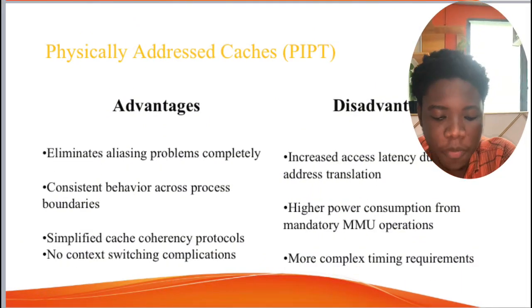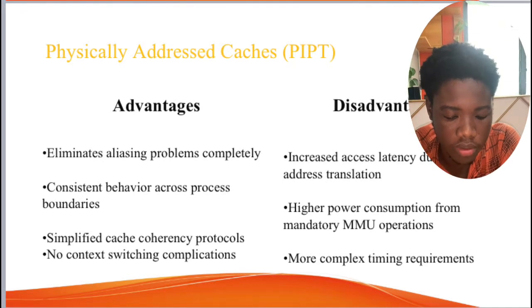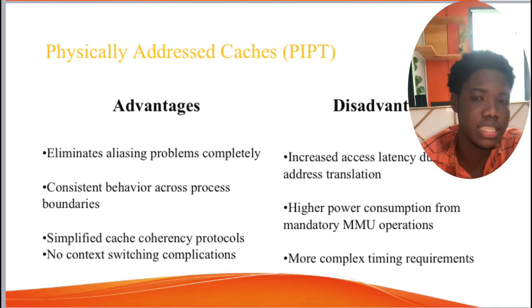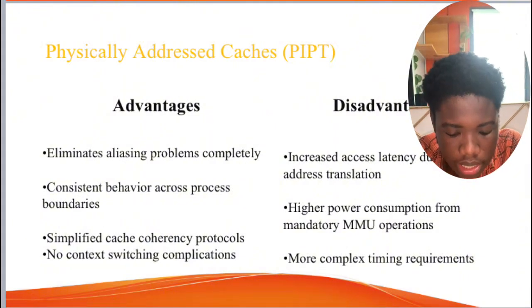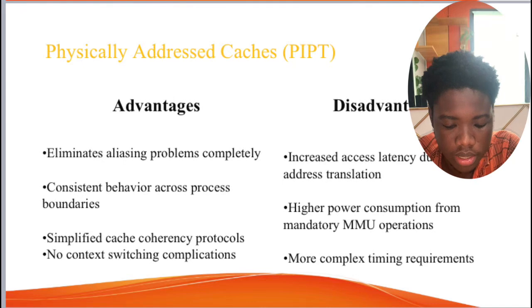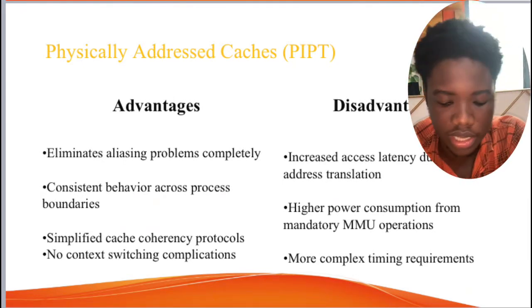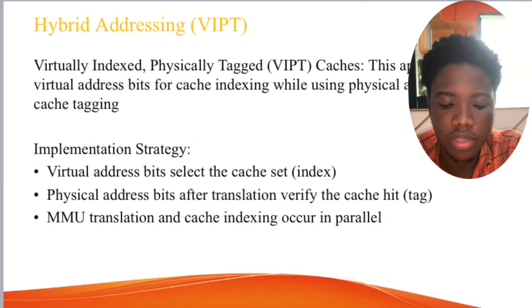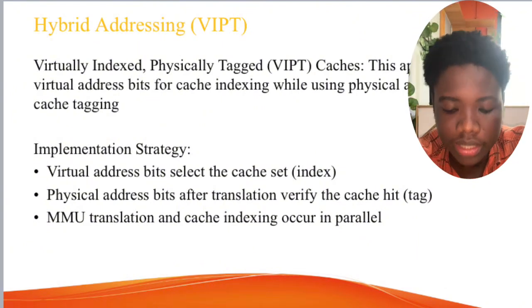So we move on to talk about physically addressed caches, the advantages and disadvantages. The advantage is that it eliminates aliasing problems completely. The disadvantage is increased access latency due to the required address translation. Then the hybrid addressing, virtually indexed physically tagged caches.